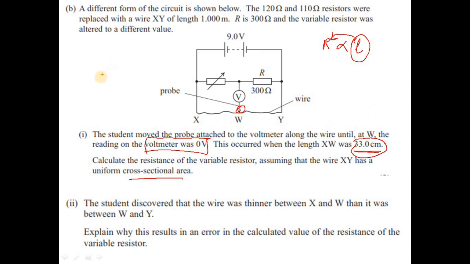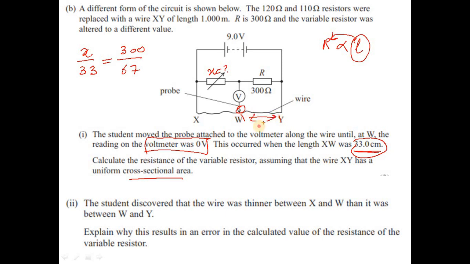So you can say that at that moment the variable resistor has a resistance, let's suppose X, this is the unknown resistance, so X upon 33, the length of XW, is equal to 300 divided by 67, the length of YW.